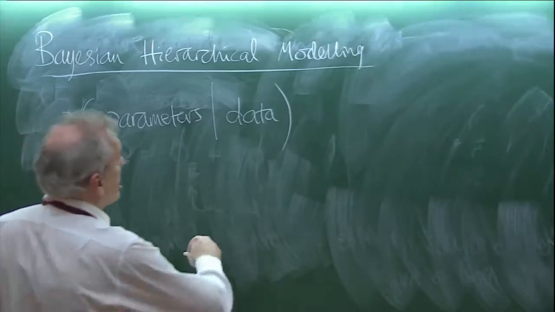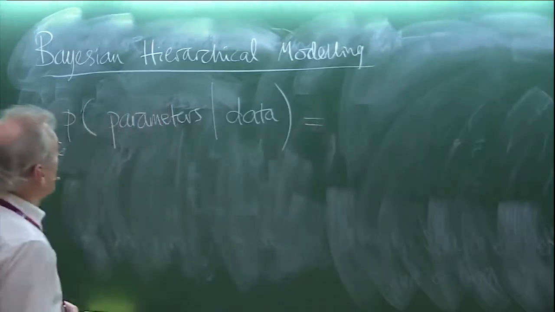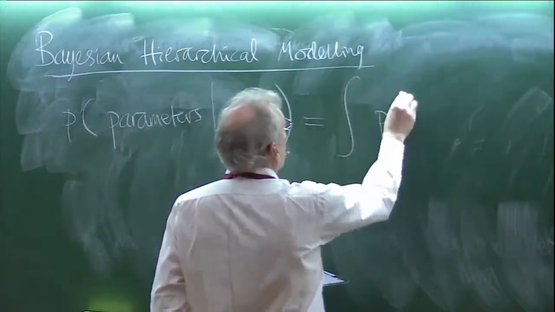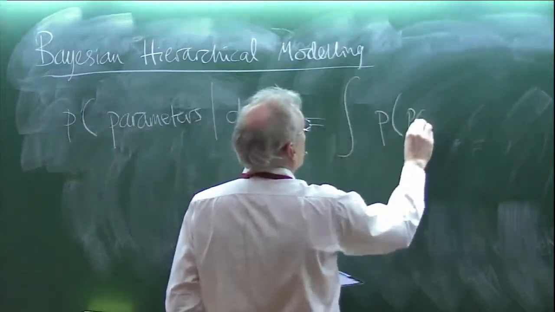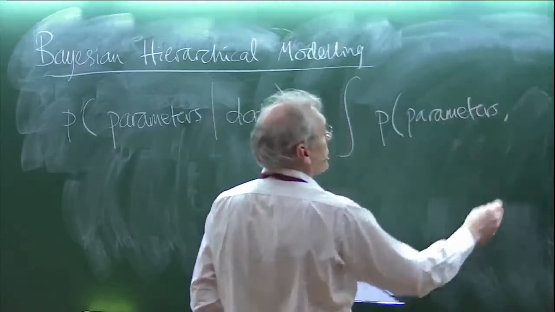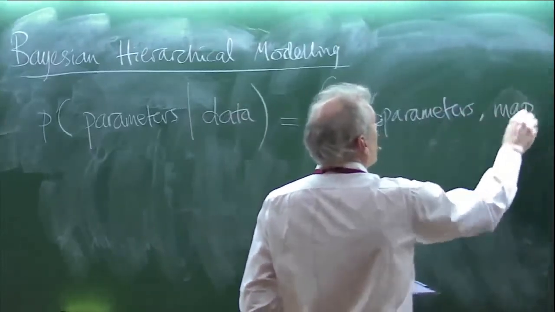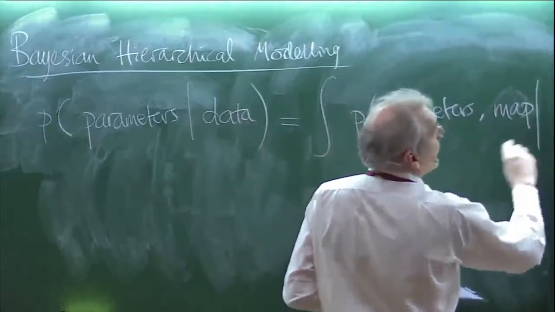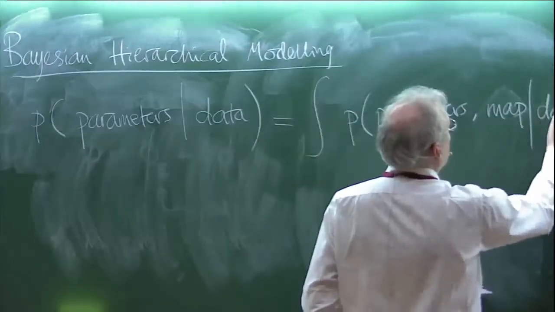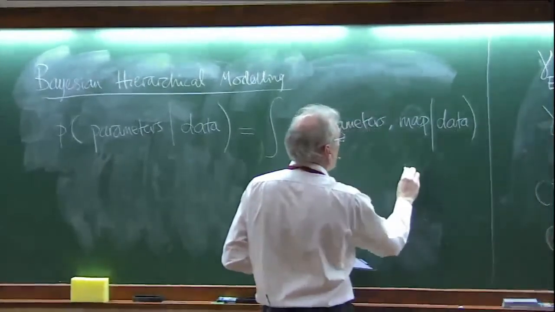So you can write this distribution, using just the ordinary rules of probability, as the joint probability of the parameters and the map. There may be a number of different maps for different tomographic bins, but let me just call it generically the map.